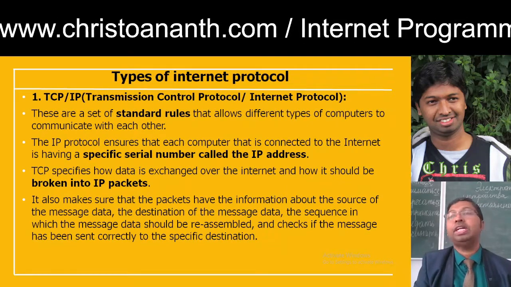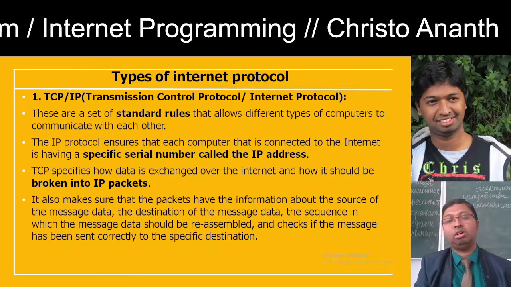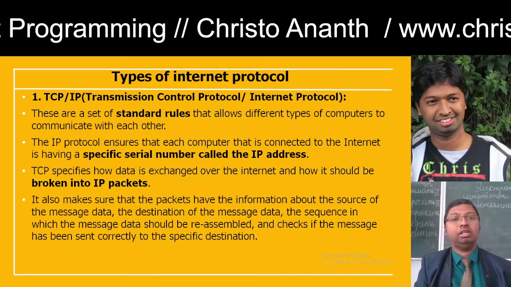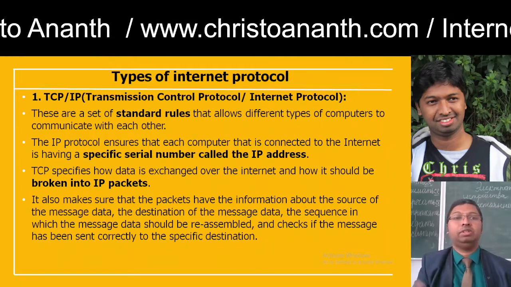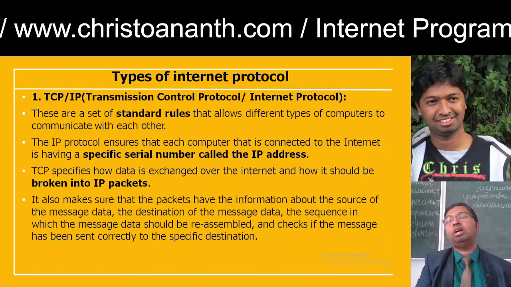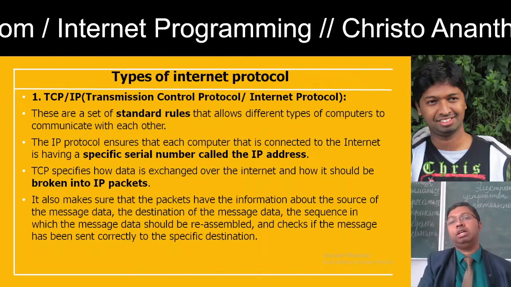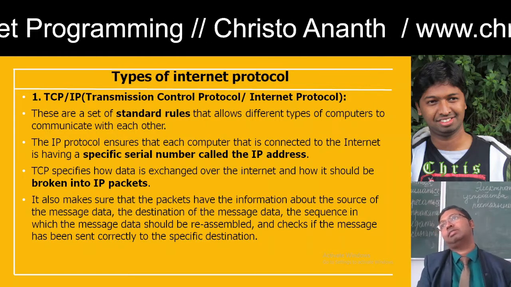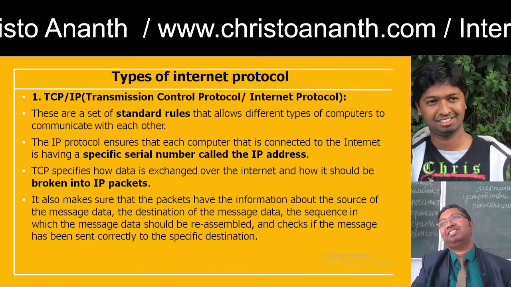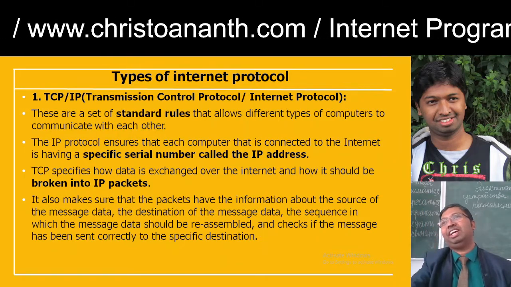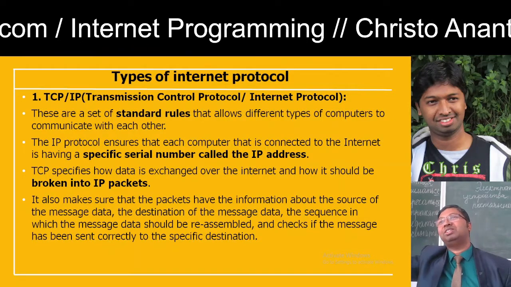So there are different types of internet protocol. We have TCP/IP, transmission control protocol and internet protocol. Once again, we have a set of rules by which computers connect with each other. Every internet protocol will have a specific serial number called the IP address. You have seen 192.0.0.12, like this.